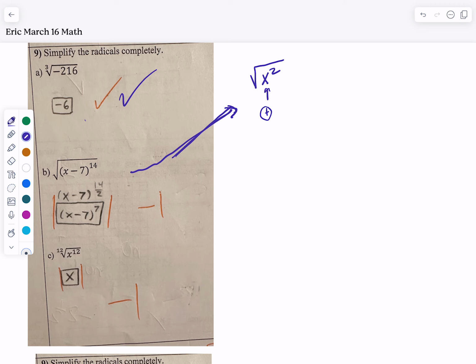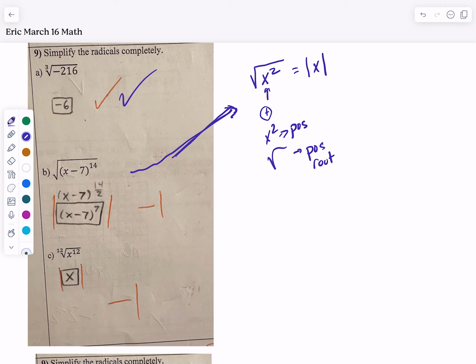So you take the square root of a positive number, and the square root means the positive root. So the square root of x squared has to equal the absolute value of x.